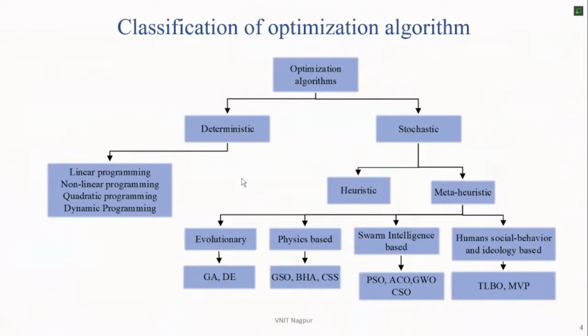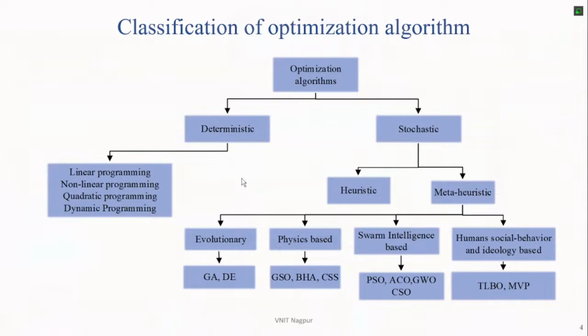Holland developed this algorithm. Then there is differential evolution, which we can say is part of evolutionary algorithms rather than meta-heuristic algorithms. Then there are algorithms based on gravitational search or black hole, and a few other algorithms.